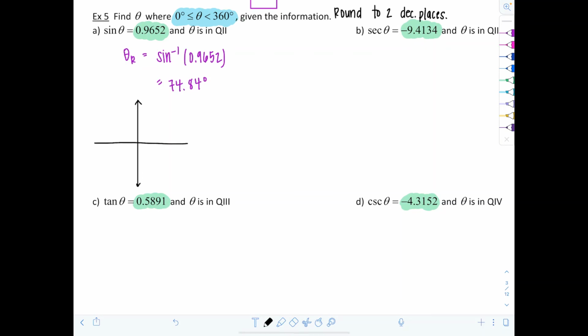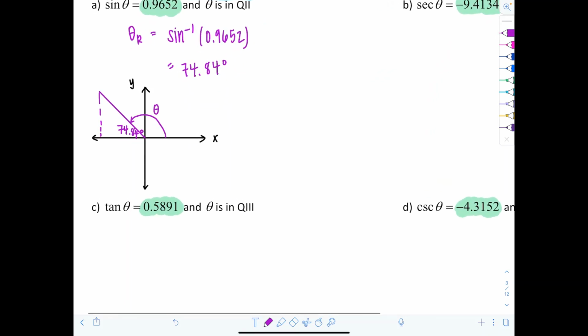Okay, so let's think here. X-axis, y-axis. We're in quadrant 2, so we have to terminate over here. And what we found, the reference angle, is sitting down here, 74.84 degrees. So how would you figure out your original theta? Well, had we gone all the way to the negative x-axis, that would be 180 degrees.